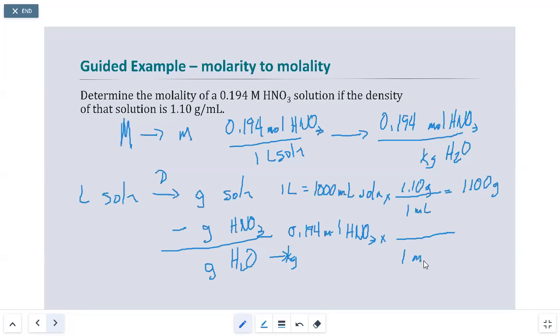One mole, molar mass of nitric acid, 1.01 for the hydrogen, 14.01 for the nitrogen, 3 times 16 for the oxygen, 63.02 grams.